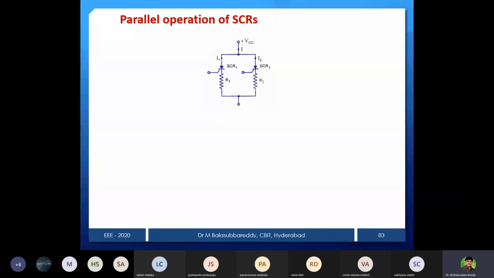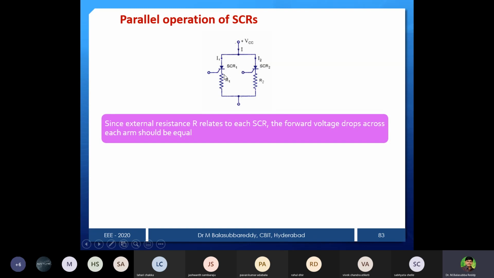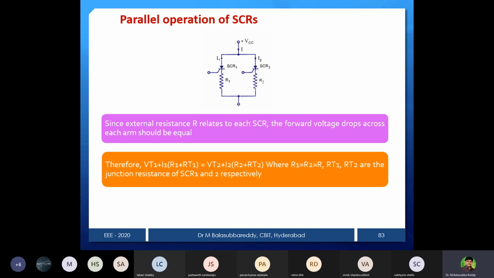Now that is one thing, and the other thing is also there. Forcibly we can use a resistance in series with each SCR. Then what will happen? That is an external resistance. The forward voltage drop across each arm should be equal. So if you place one resistor with each SCR, then the voltage drop across each SCR will be equal. But you can see that both are in parallel.